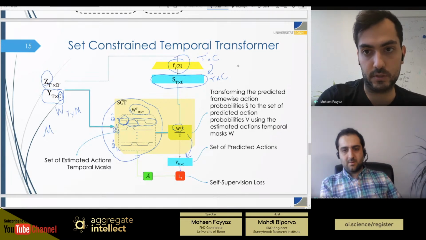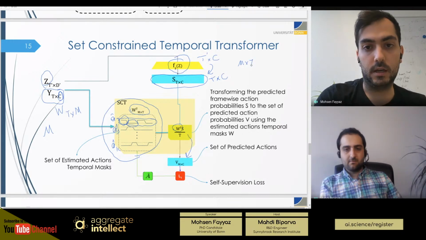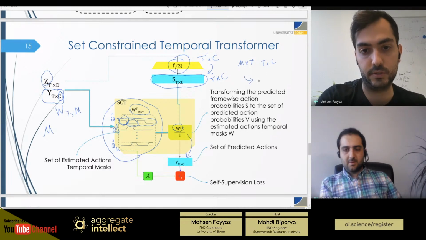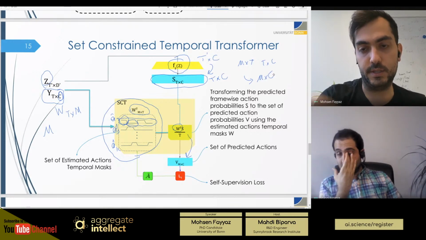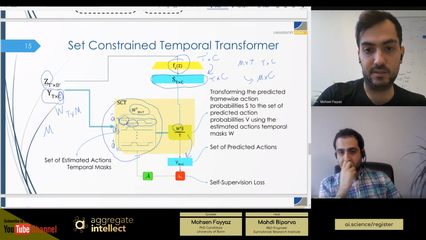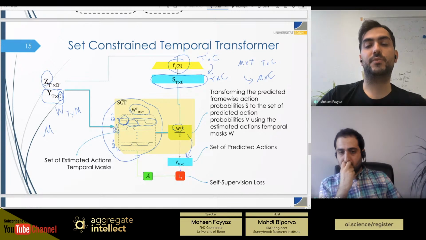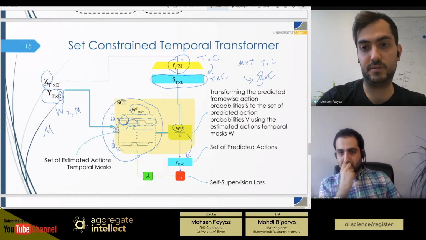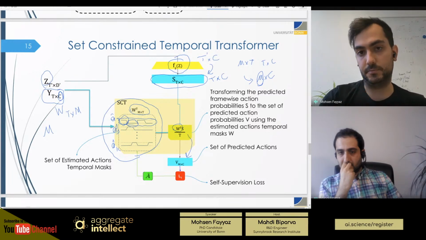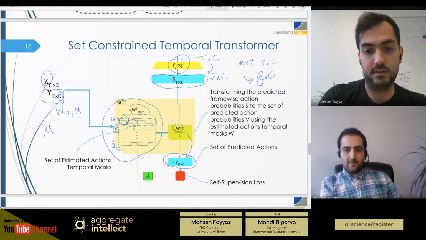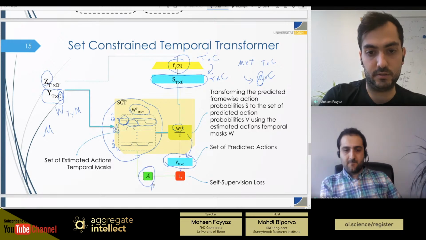W is a matrix which is M by T, and S is a matrix which is T by C. So if I multiply them, I will get a matrix which is M by C. This M by C is V, and it's a set of predicted actions. We have M actions and tensors, each of which has C elements. So yes, they are the probabilities of the actions. And having it, I already also had the A hat, which is also M by C.